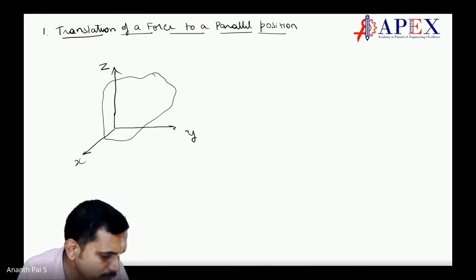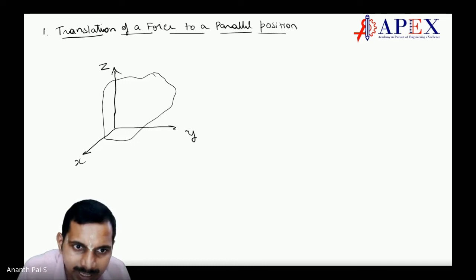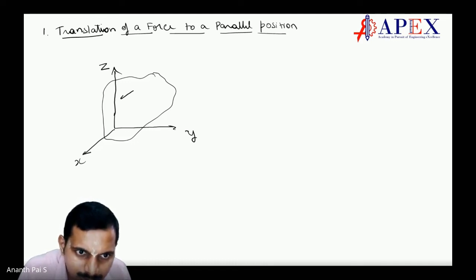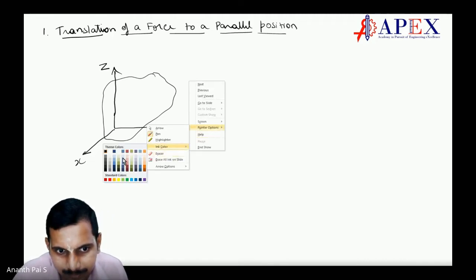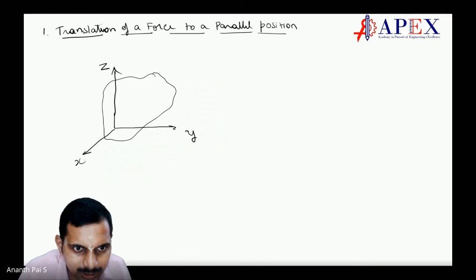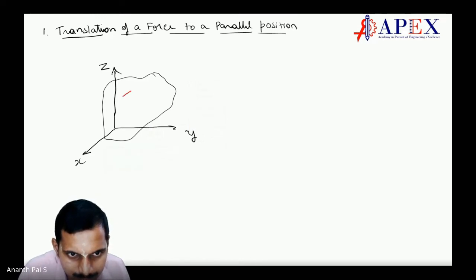Let us have a force which is acting over here. Let me use a separate color. Let it be in red color. Let there be a force F acting over here.